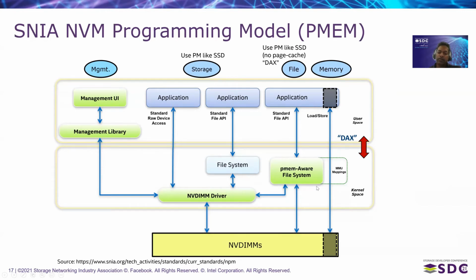Now, the Linux kernel has a mechanism to support the file system API through a PMEM-aware file system for persistent memory. In this PMEM-aware file system, essentially you can mount Optane PMEM type of media through FSDAX extensions, and then you can actually read and write in that file system.